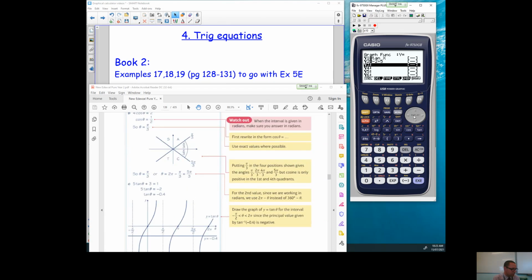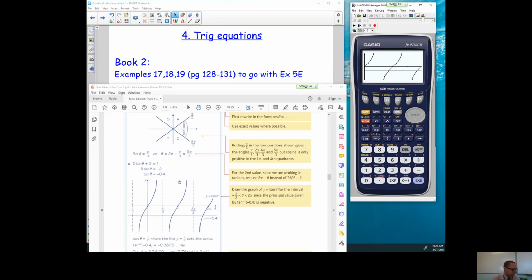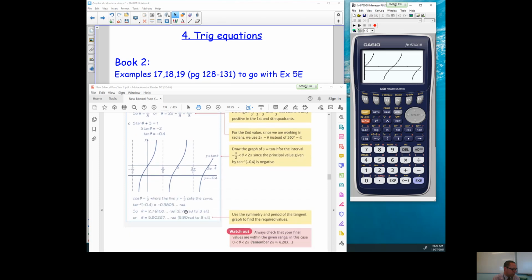No, there you go. You could put it in as a decimal if you wanted to. Let's draw that. That looks okay. Do we get these two solutions? 2.76 and 5.90. So G-Solve, intersect, 2.76, 5.90. So that's all gone very smoothly for those 3 examples.